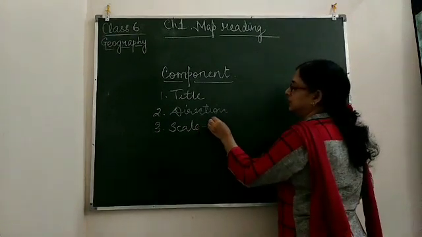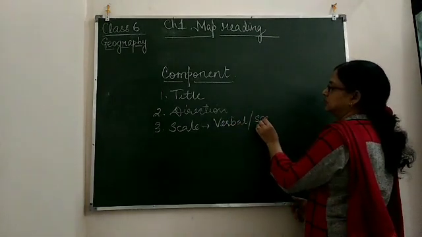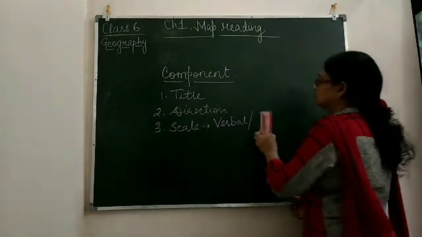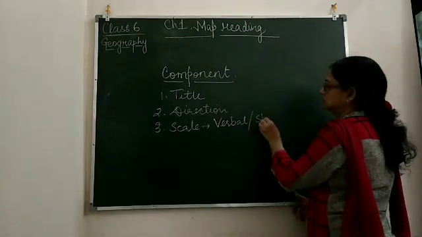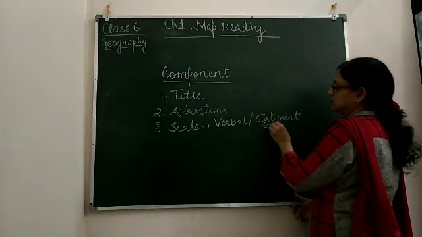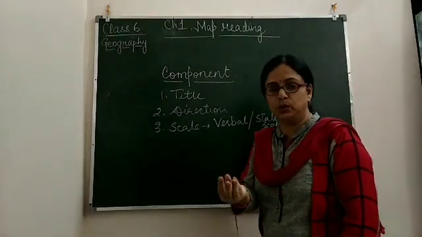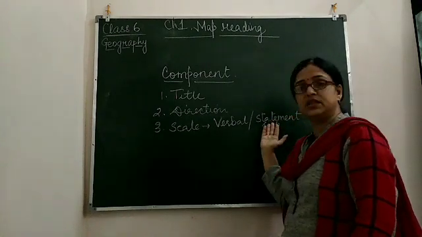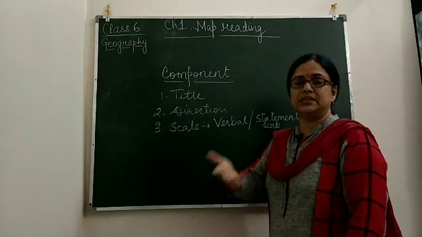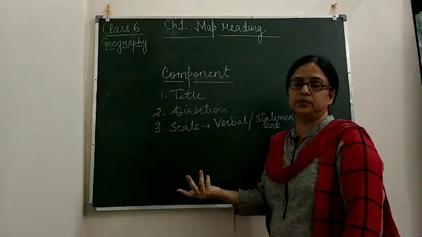The first is the verbal or statement scale, in which we simply express in words, verbally, what the statement is: 50 kilometers of the ground is represented by 2 centimeters of the map.